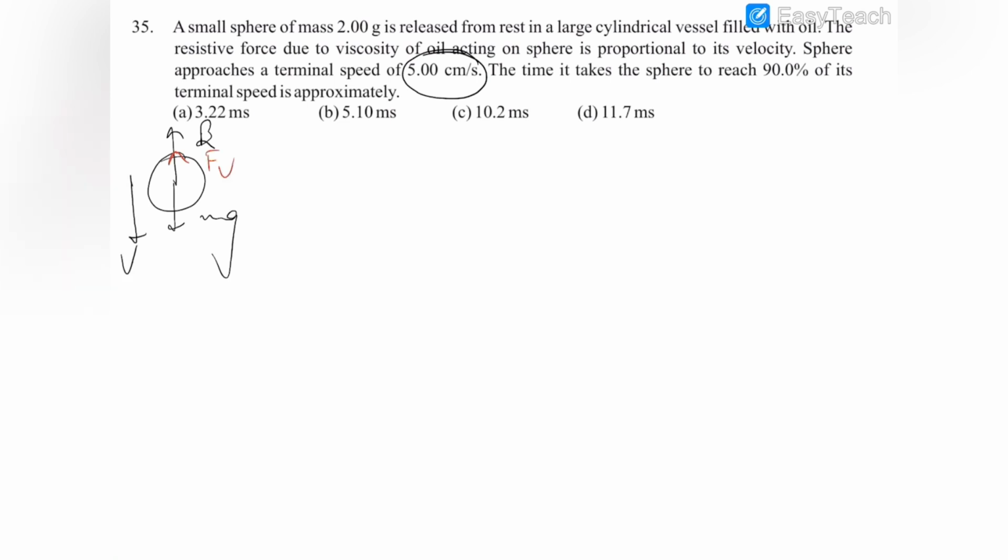I am supposing that the ball is moving in the downward direction. So at any time t, the net force on the ball will be mg minus buoyancy minus viscosity, viscosity will be 6 pi eta r v, we all know, and that would be equal to ma.